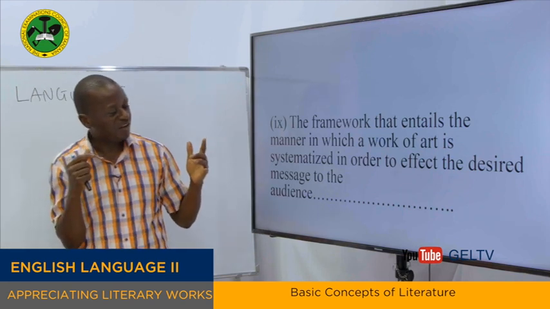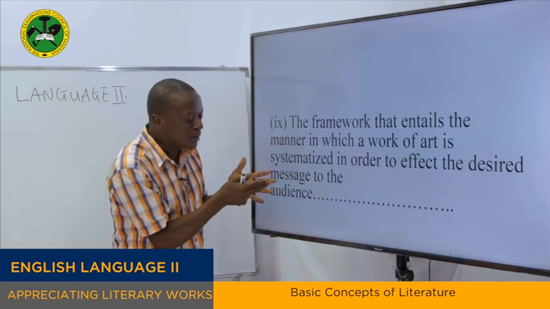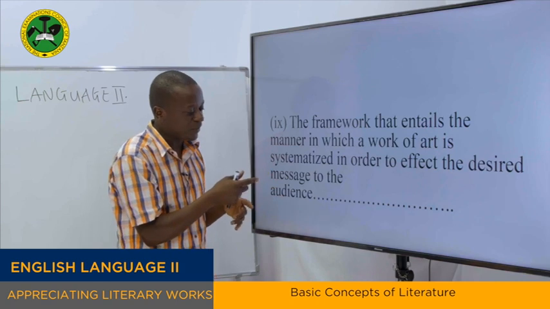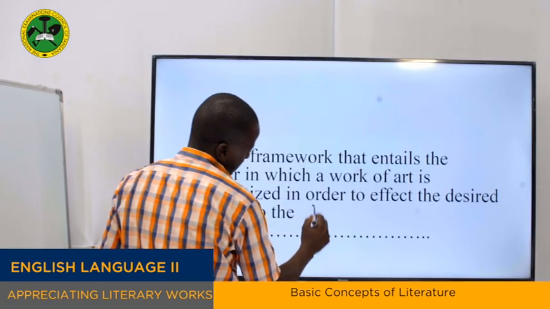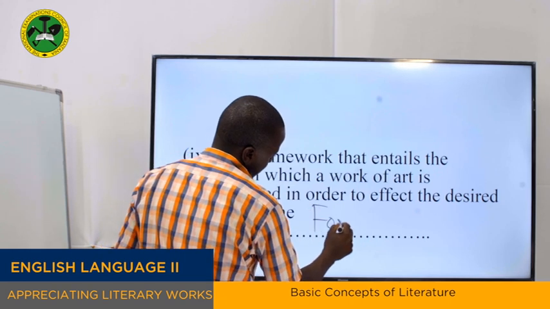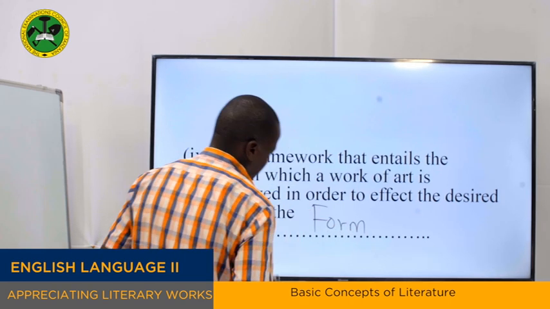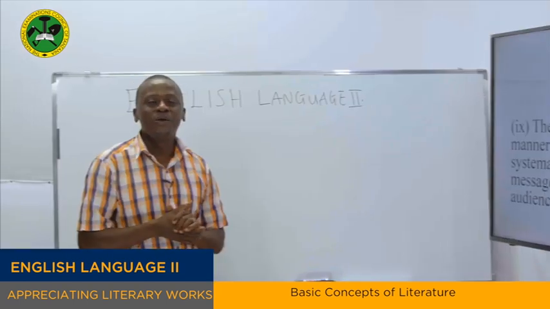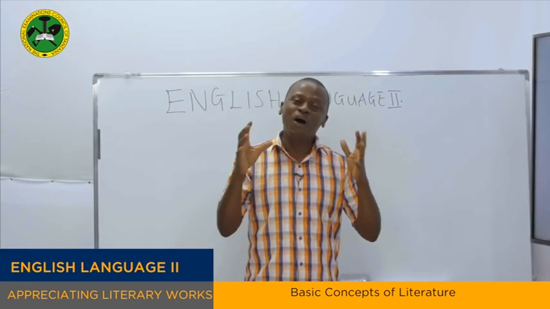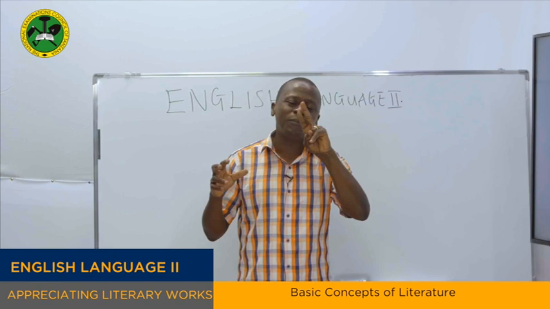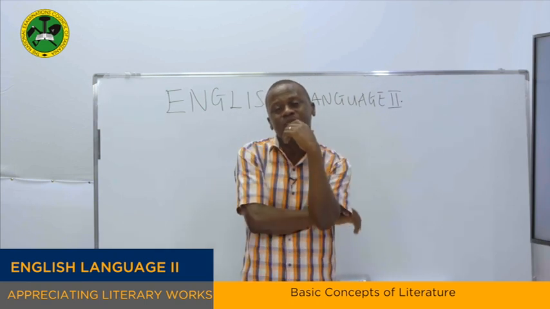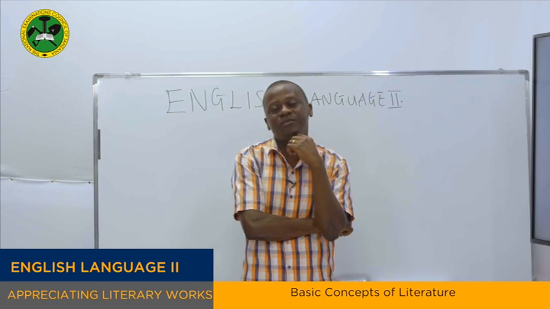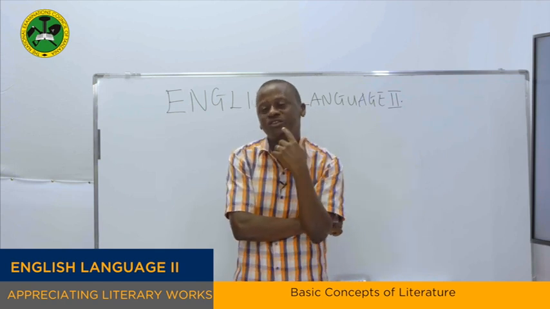pushes us to a literary concept, which is called form. You remember, in a work of art, there are two key terms, especially when you are analyzing a work of art. We have a form and a content.